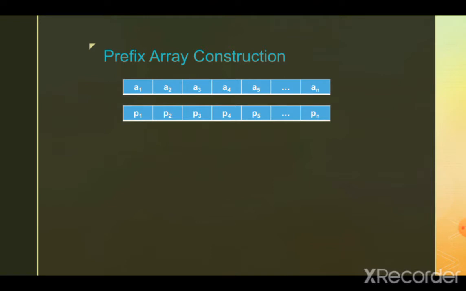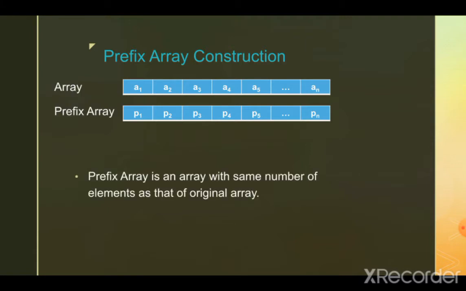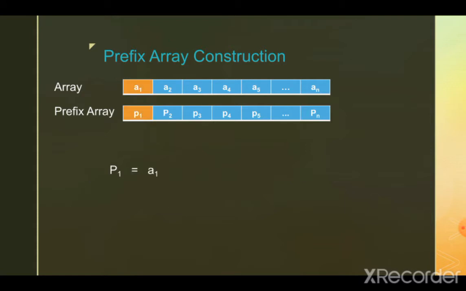Now the size of the prefix sum array is also equal to the size of the original array, and let us consider the elements of the prefix sum array as p1, p2, p3, p4, p5 up to pn. Now we will see how the elements of the prefix sum array are determined.